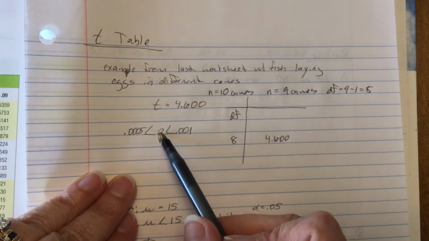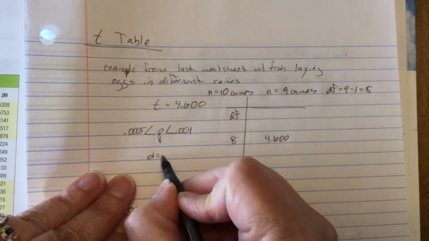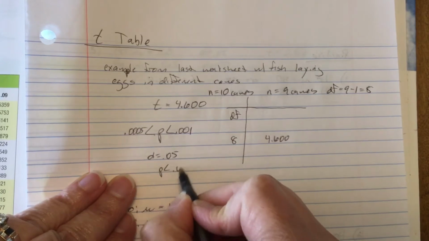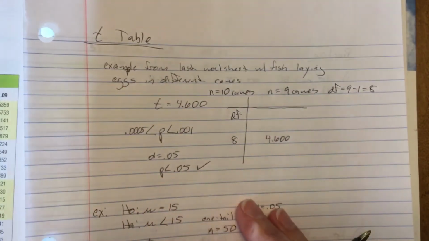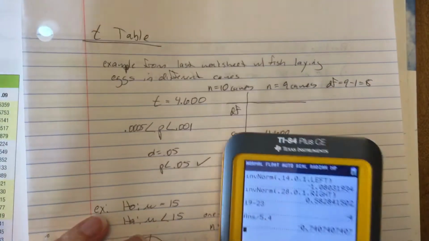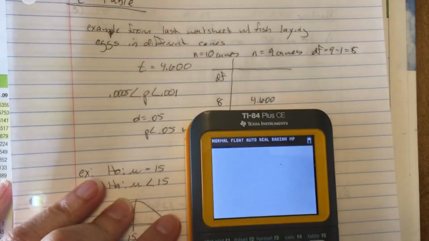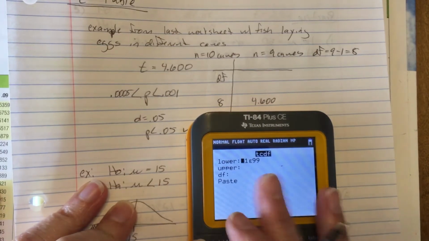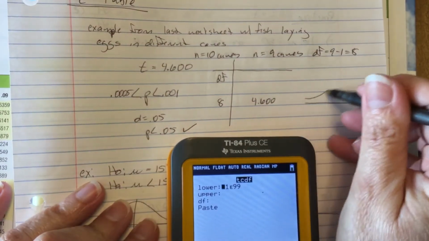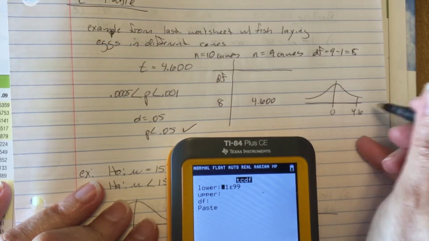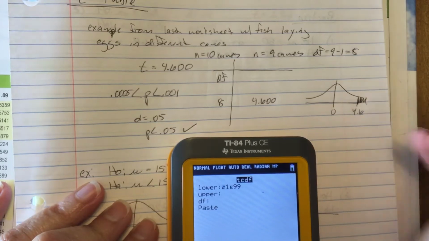But I can assess this against an alpha of 0.05. Clearly, any of these p-values will be less than 0.05. So I know that my p is low and I can reject the H0, and I have evidence for the Ha. Okay? Let me run this in the calculator just to double check. We'll do our tcdf, and again, assuming you don't have the calculator. Now, of course, for my curve, my 4.6 would have been over here.